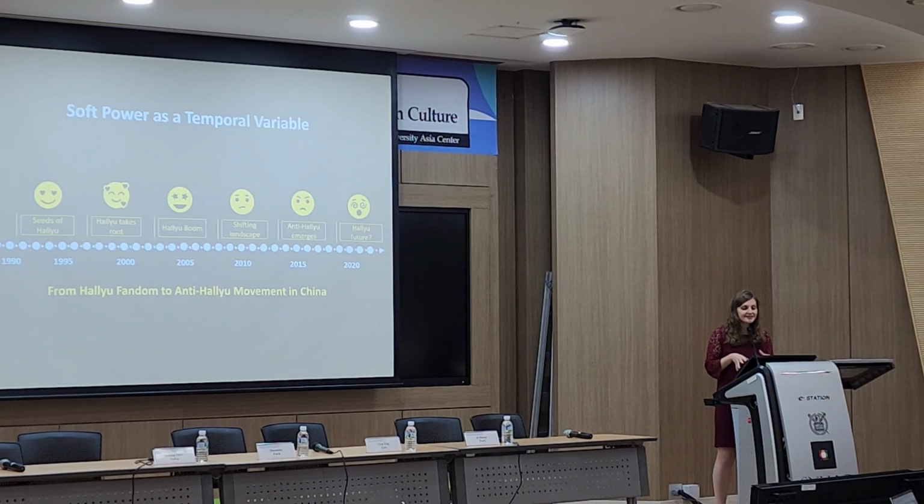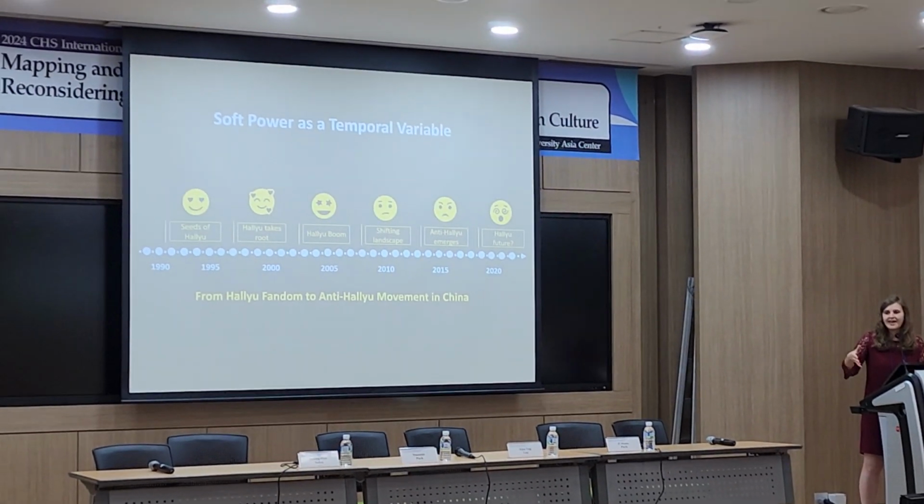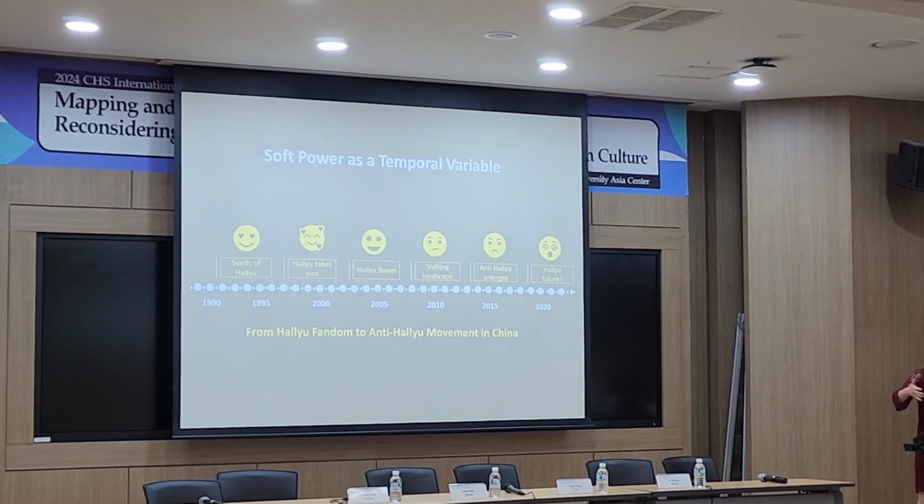So I also understand soft power as a temporal variable, right? Something that changes over time. That's why we need to understand Hallyu. So the more comprehensive approach is to look at how it develops and what's going on.